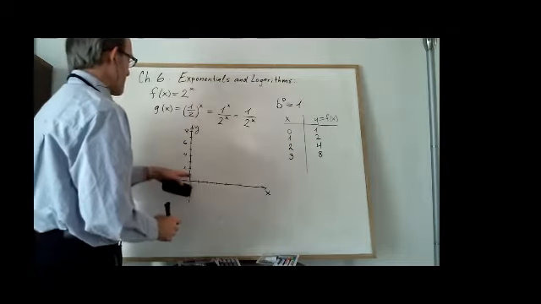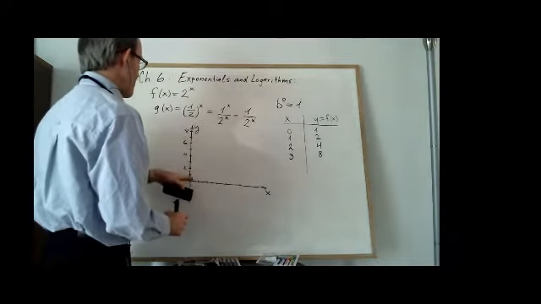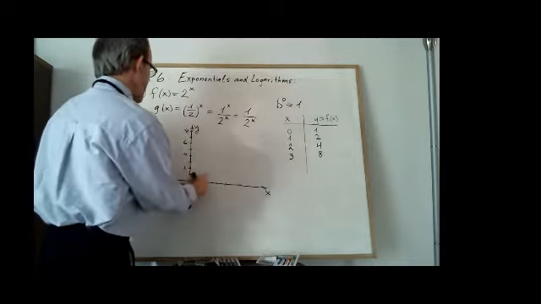Okay, so it goes through this point 0, 1. And at 1 I get value 2, so that's right here. At 2 I get 4. At 3 I get 8. Okay, so it's increasing like this on this side.